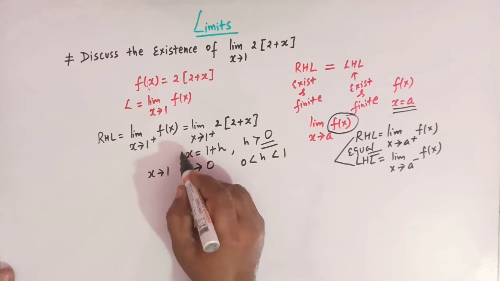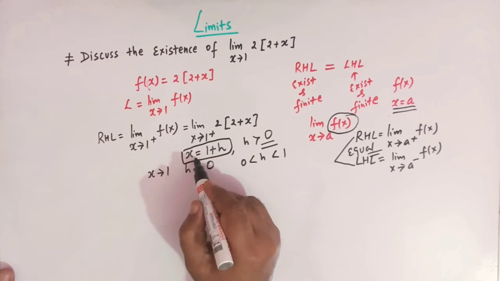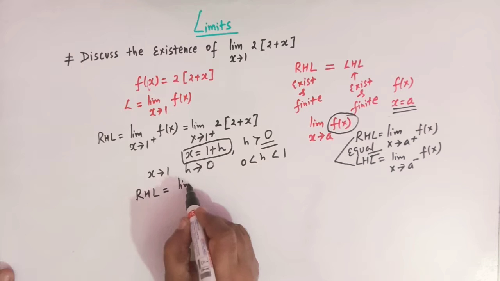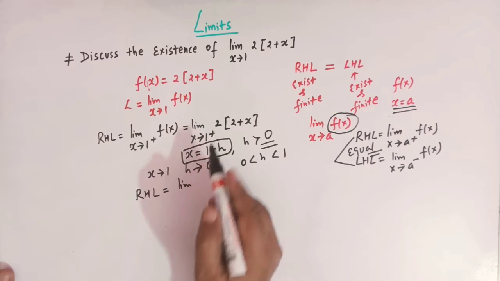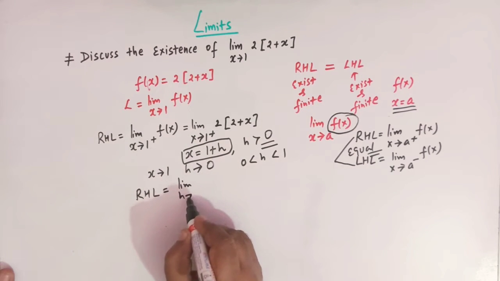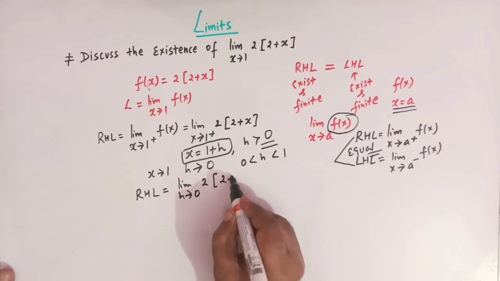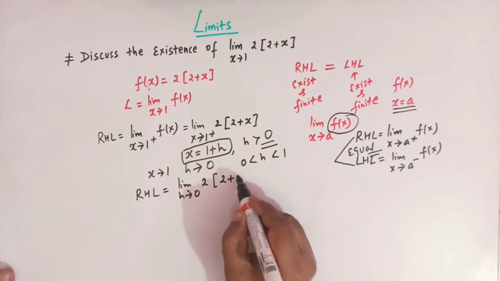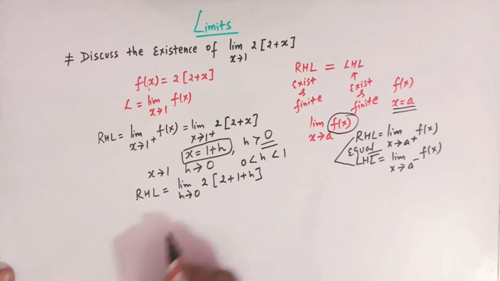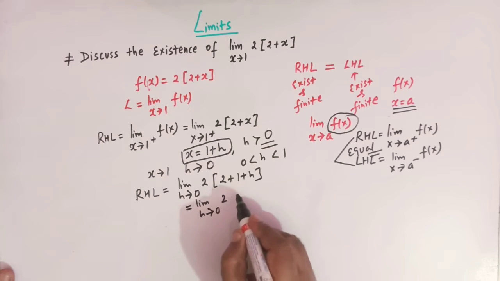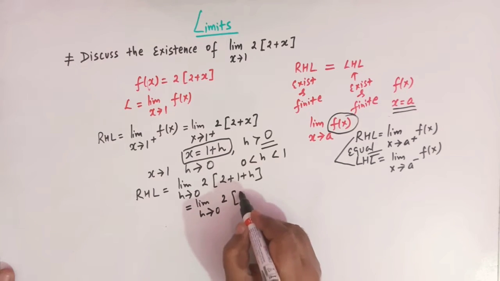So from this relation we can write the right hand limit as limit h tends to 0 of 2 times the greatest integer of 2 plus x, and for x we can write 1 plus h. So this is limit h tends to 0 of 2 times the greatest integer of 3 plus h.